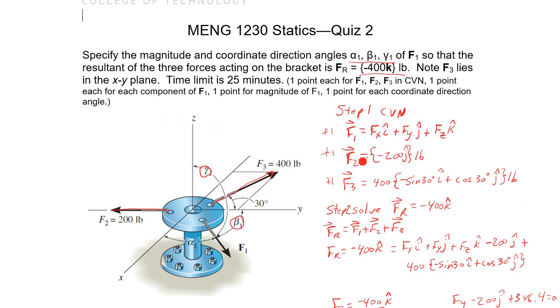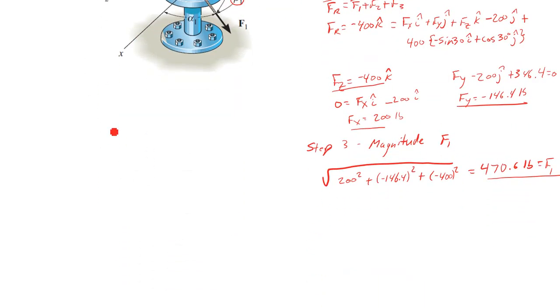And now we can finally get to our coordinate direction angles. So step 4. So what are these? So alpha equals the inverse cosine of Fx over F1.